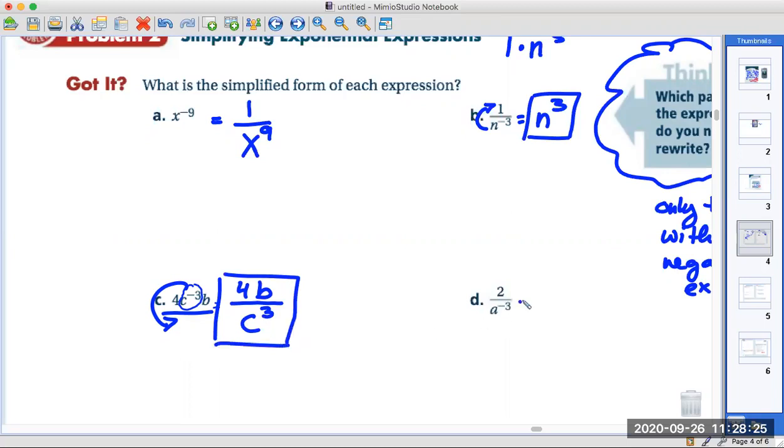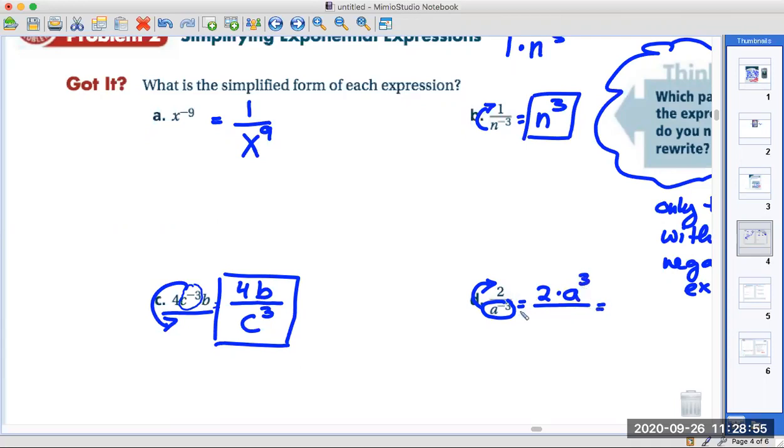Look at D, what do we have? The 2 does not have a negative exponent. It doesn't have any exponent, well, it has a 1. If you remember, any number has a power of 1, but it's positive. The one that has a negative exponent is this thing here. That needs to be moved to the top. Make a fraction, start out with a fraction bar, leave the 2, and you're going to multiply by a to the power of 3.